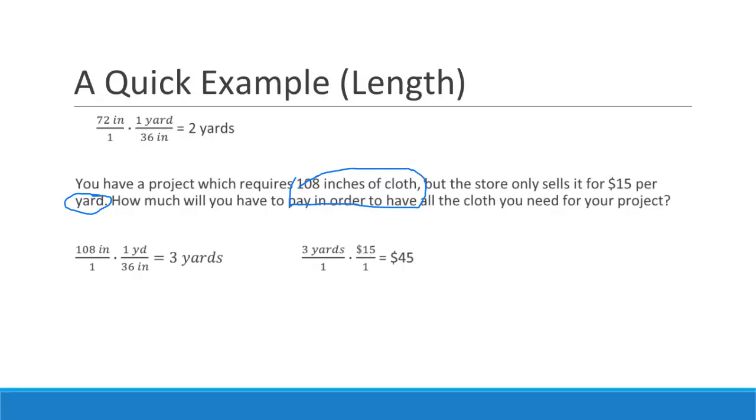If we know that 1 yard is equal to 36 inches, then we take what we have, multiply it by what we want. Let's get a little messy. And we're left with 3 yards, right? But we're not quite done, because the question asks us not only how many yards of cloth we need, it actually asks us for another conversion, right?